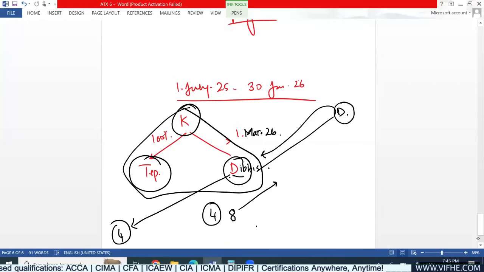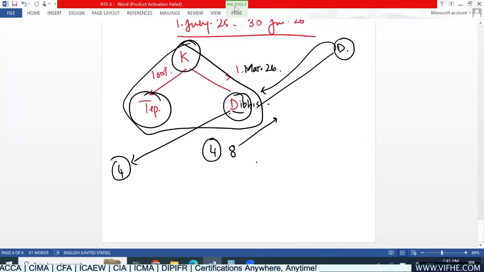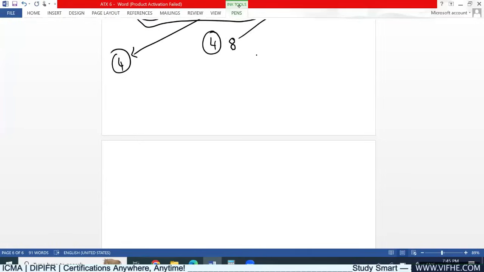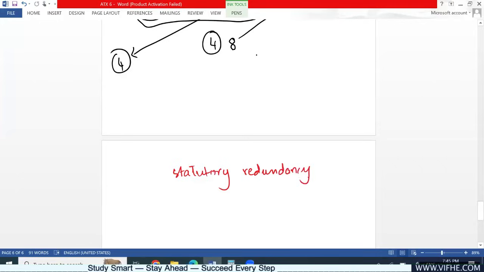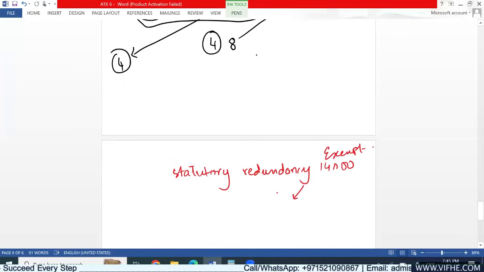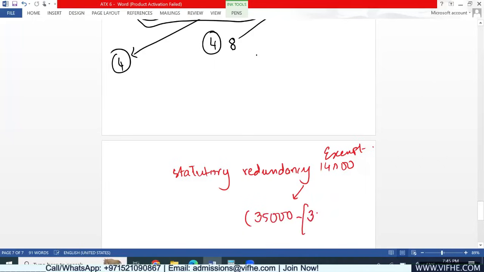Okay, so this statutory redundancy payment is of £14,000, which is completely exempt, but this is going to change the exemption limit towards non-contractual payments, as non-contractual payments were made worth £35,000, out of which now how much of the exemption is available against 30,000? 14,000 has already been consumed.